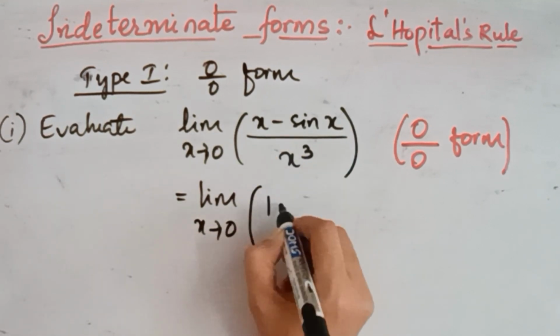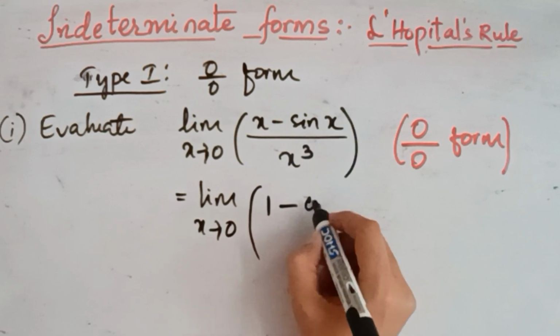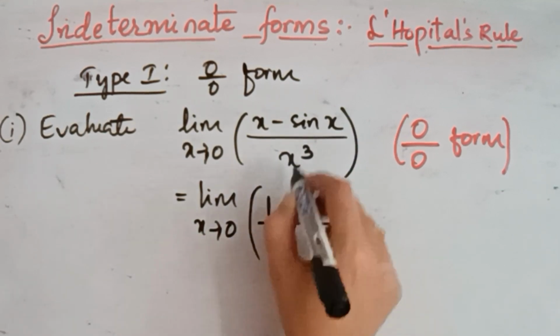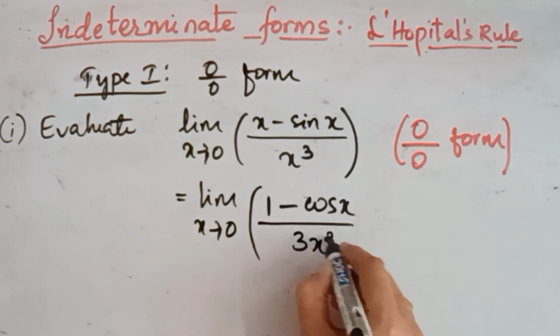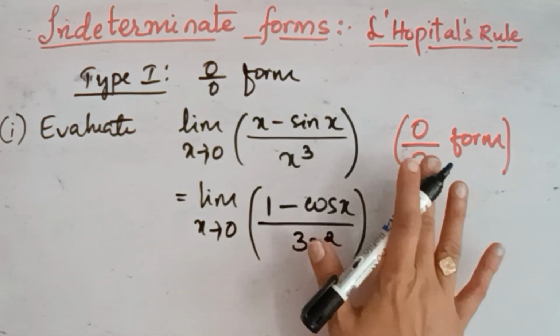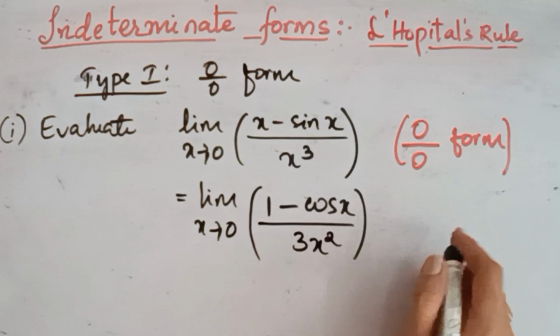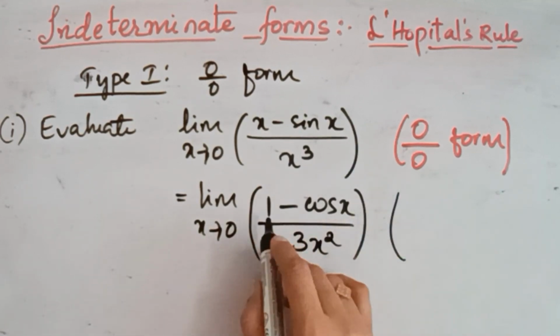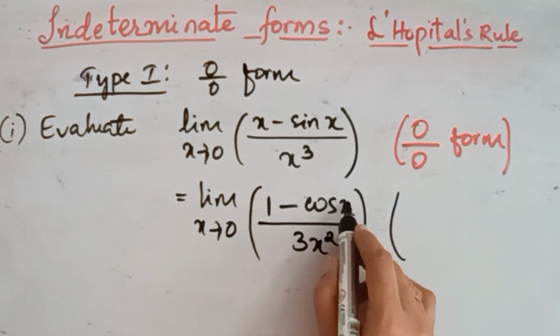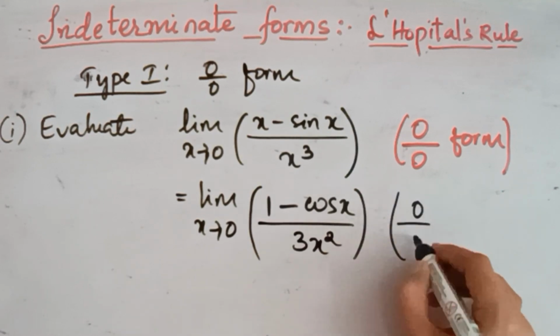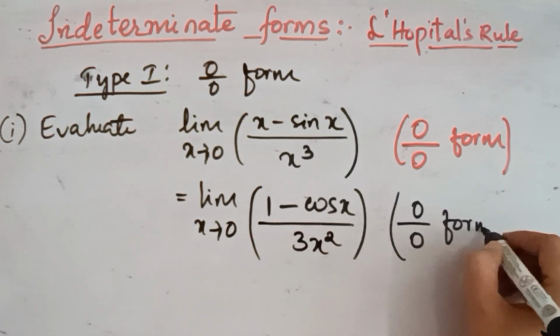The derivative of x is 1 minus the derivative of sin x, which is cos x, divided by the derivative of x cube, which is 3x square. Not applying the quotient rule, you have to differentiate numerator and denominator separately. Now apply the limit. Here 1 minus cos 0 is 1 minus 1, which is 0, divided by 0. Again it is 0 by 0 form.